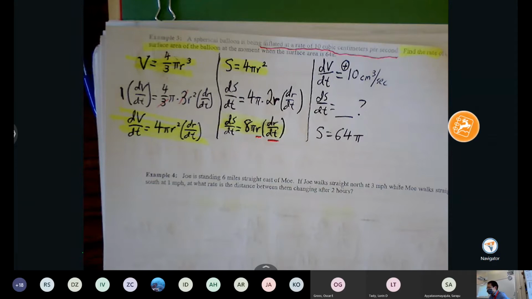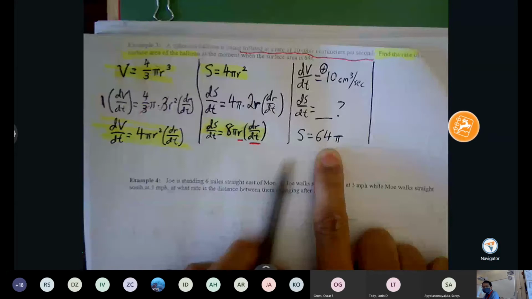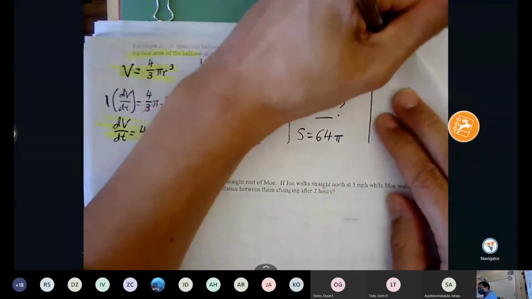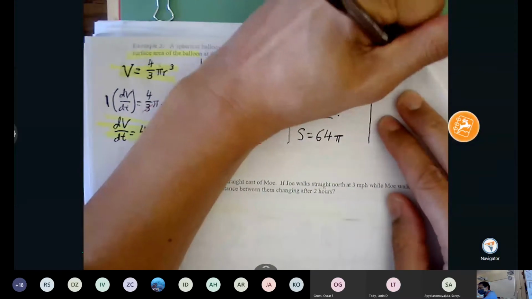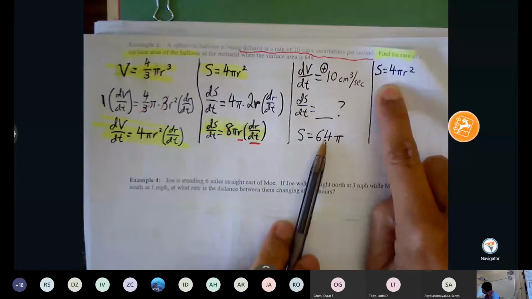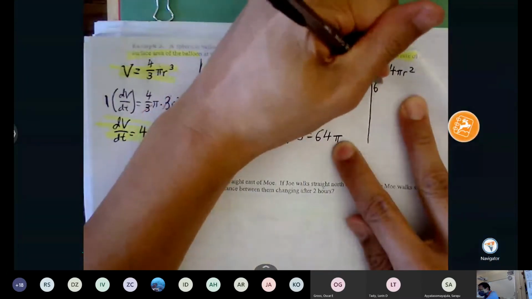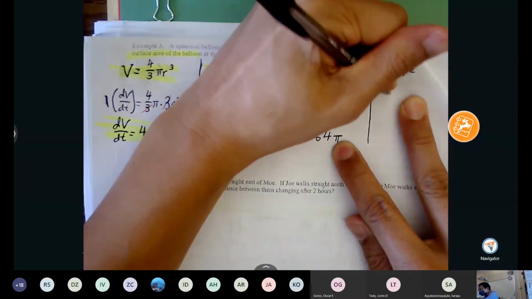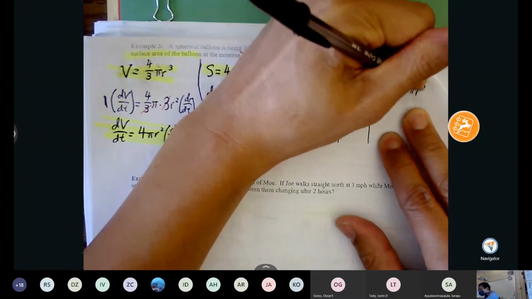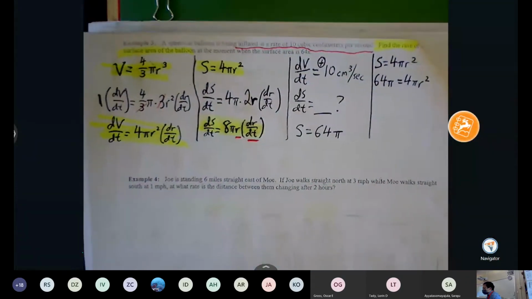All right, so now let's see if we can put it all together. I'll take that 64 pi and put it in for S. I'll insert that 64 pi in for S, and that can lead me towards solving for R. Okay.